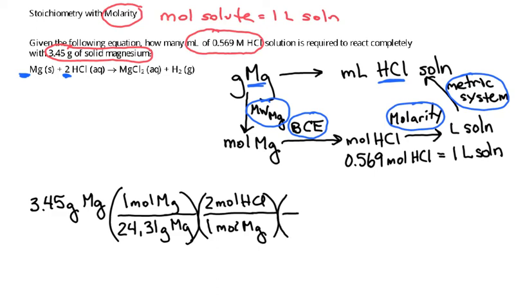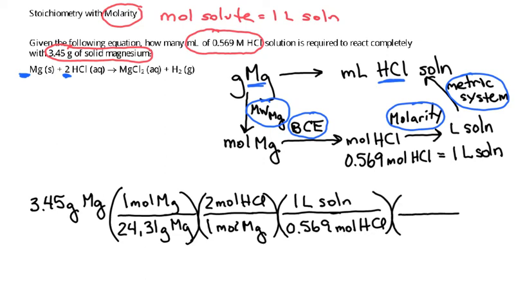The molarity for this particular reaction is that there's 0.569 moles of HCl in 1 liter of solution. And because we want our answer to be in milliliters, every 1 liter of solution contains 1,000 milliliters.